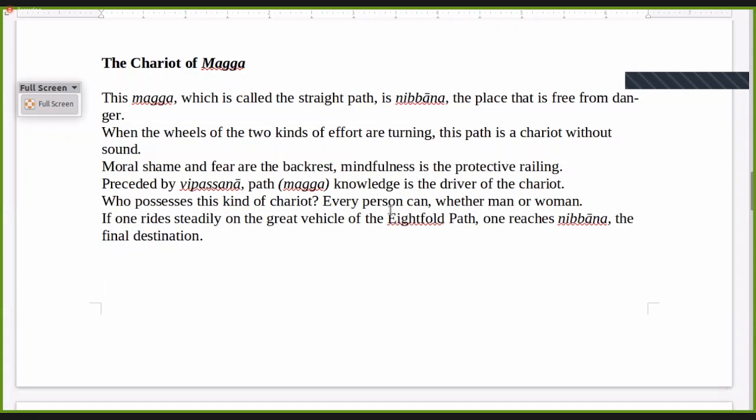When the vipassana knowledge is fully developed, knowledge of Ariya Mega arises spontaneously. So just try to develop your vipassana knowledge, and mega knowledge will arise spontaneously.